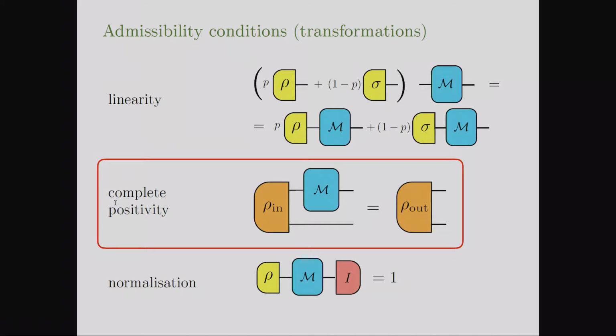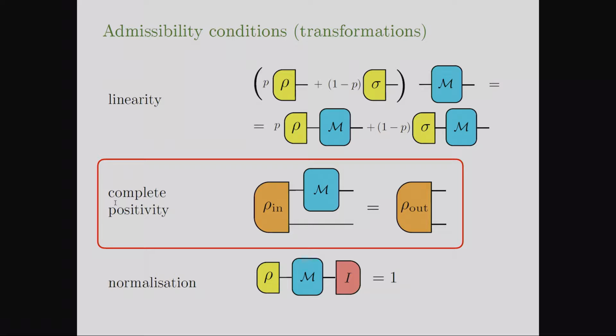The first one is linearity, because you can imagine having as an input a convex combination of states, and you want the output to be the convex combination of the outputs, of course. Then you need the requirement that your map, even if you apply it locally to a large multipartite state, still outputs a valid quantum state. And this is a non-trivial condition in quantum theory because of entanglement, as we well know.